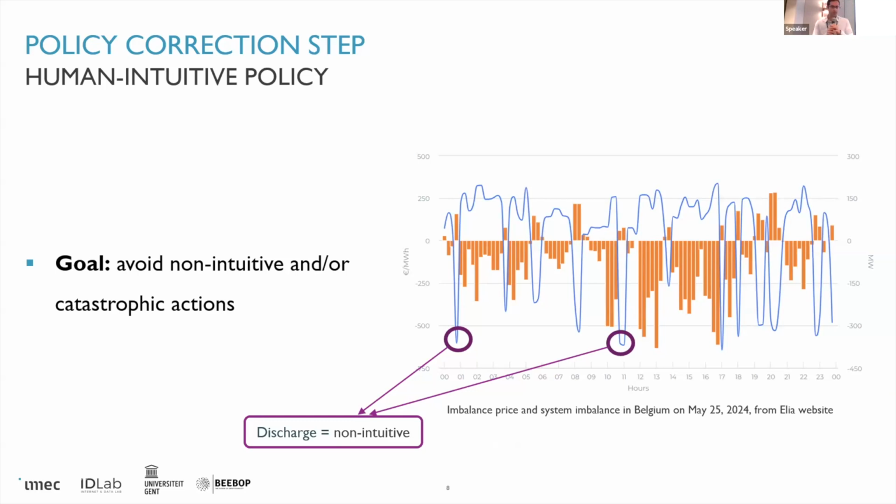If I want to give an example of a catastrophic or non-intuitive action, going back to my first slide, for example, the price that you can see, minus 600, we know for sure this is a really low price. And if we take a discharge action there, it means that we are doing something, at least from a human perspective, non-intuitive. Because as a human, we know, for example, imbalance market prices should be between, for example, 2000 and minus 2000.